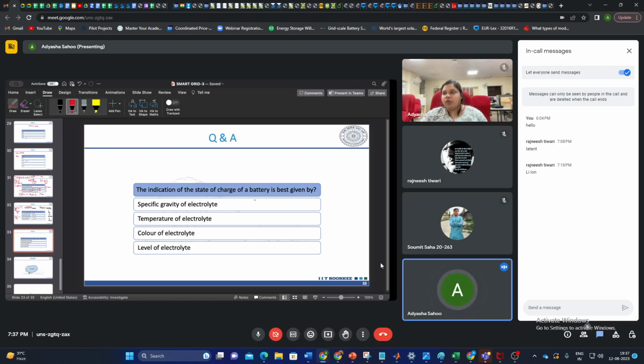So we know in a battery we have an electrolyte, we have an anode, we have a cathode, where some electrolysis process is taking place. So using which property of the electrolyte can we estimate the state of charge? Will anyone like to take a guess?